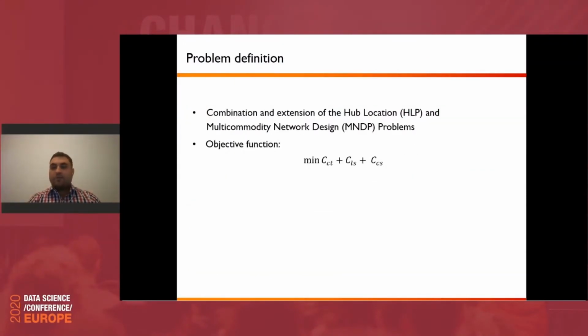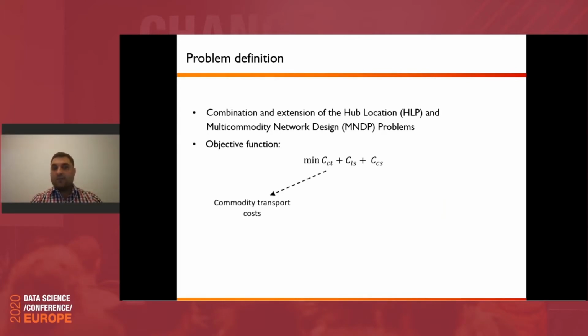As in any optimization problem, we started with its definition. We realized that this problem is a combination of hub location and multi-commodity network design problems, which are well-known optimization problems in transportation. We combined these two problems and extended them for the purpose of this particular case.